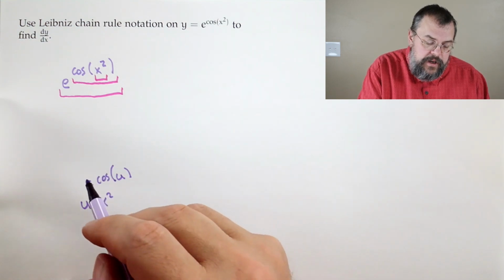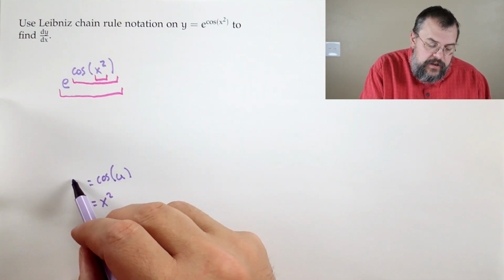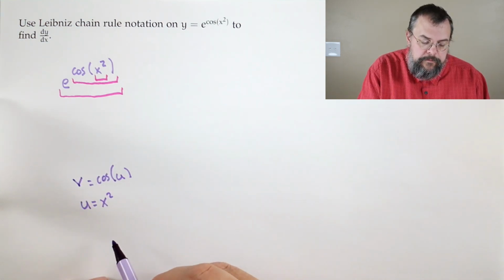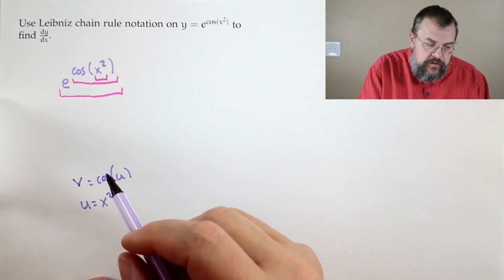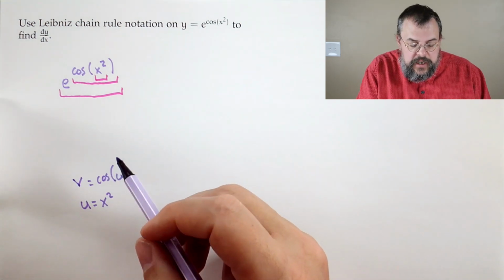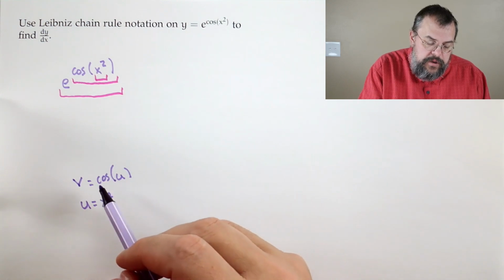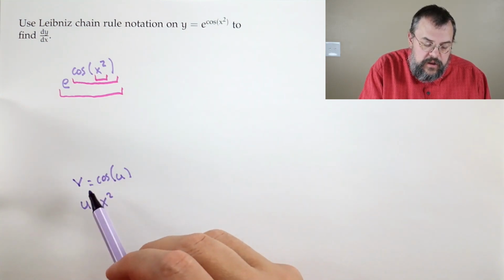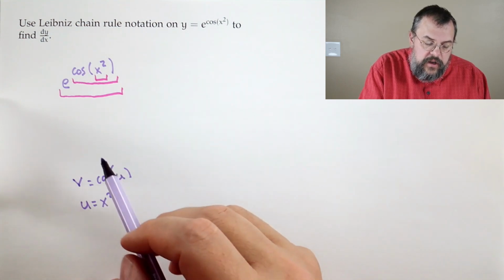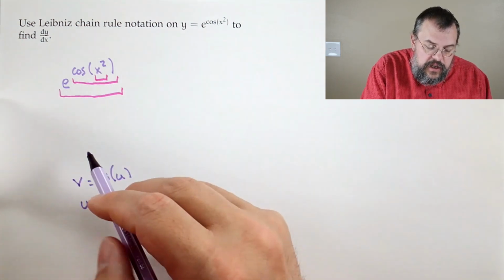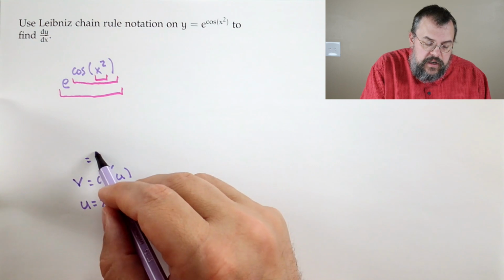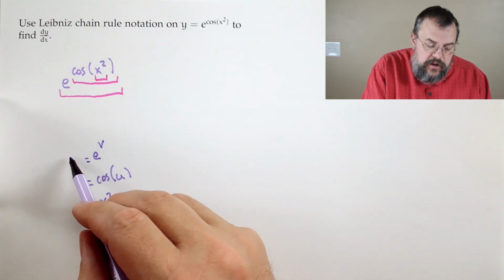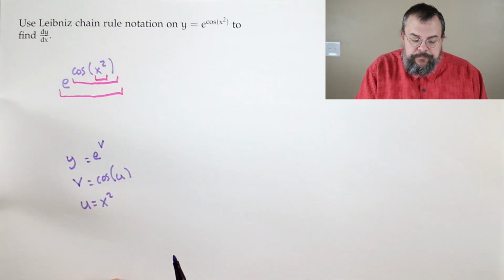That's not my variable, so let's call it v. Now, what comes next? Well, u becomes x squared, and that's being plugged into the e function, so this is e to the v, and now there's my function y.